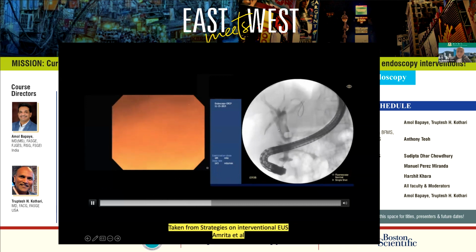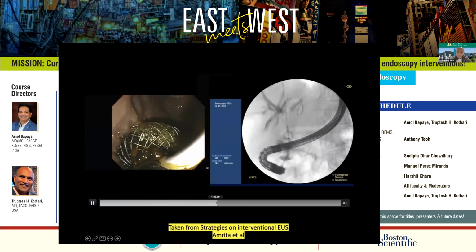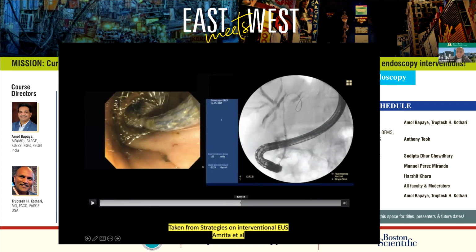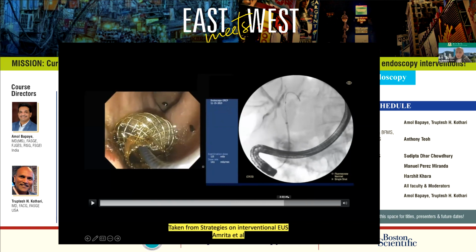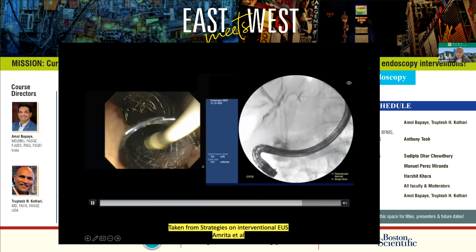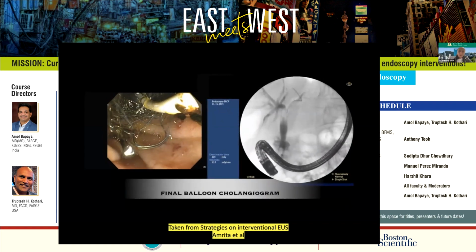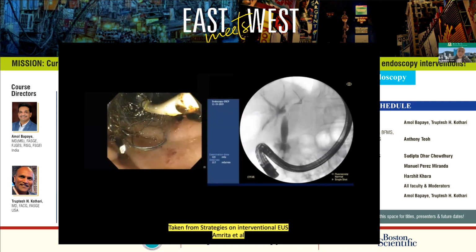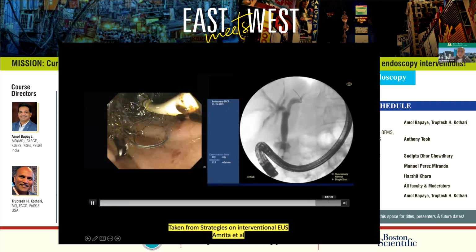So here you can see a balloon she inserted to confirm the position of the guide wire. And then just insert another straight stent on the guide wire into the bile duct, completing the CDS. And in this case, if the stent can be deployed between the target organ and the duodenum GI tract, most of these patients won't experience significant problems.